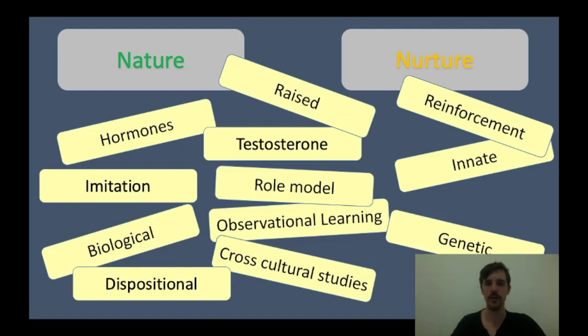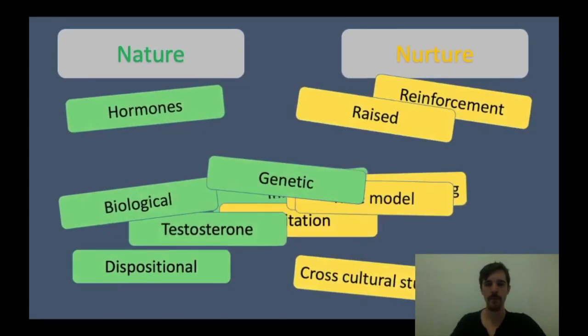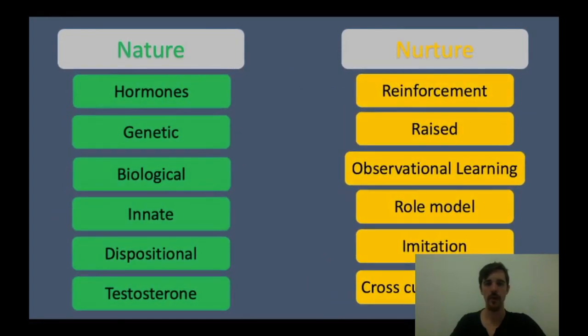Okay, so here are the answers. Excellent. You can see nature: hormones, genetic, biological, innate. Innate meaning it comes from within, dispositional meaning that you have a tendency towards something, and testosterone being a hormone. Nurture, on the other hand, has reinforcement, in particular the behaviorist point of view of positive and negative reinforcement, punishment, reward.